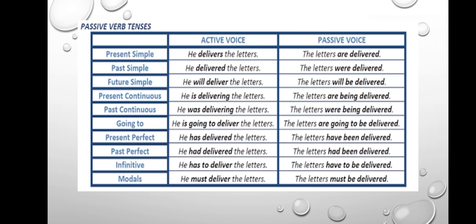Modal auxiliary verb. He must deliver the letters. In active voice, after the modal auxiliary verb, we use verb first form only. We cannot use verb s or es, verb second form, verb ing, or verb third form in active voice.